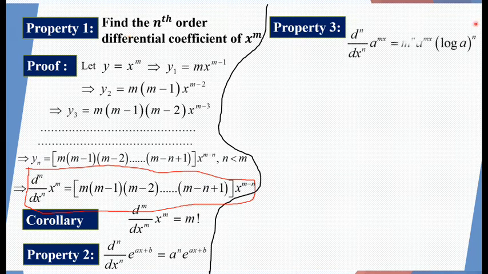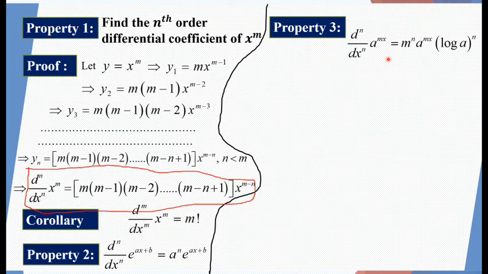So property 3, nth derivative of a raised to power mx is equal to m raised to power n into a raised to power mx into log a power n. How to prove this? By the successive differentiation, the first derivative of a raised to power mx is a raised to power mx as it is into m log a.